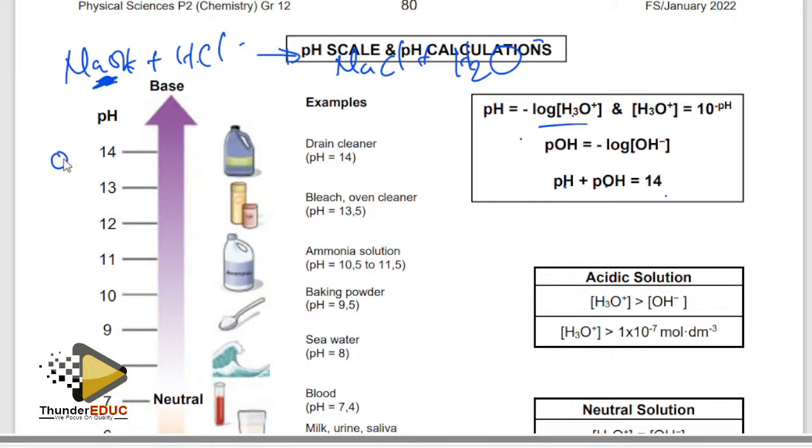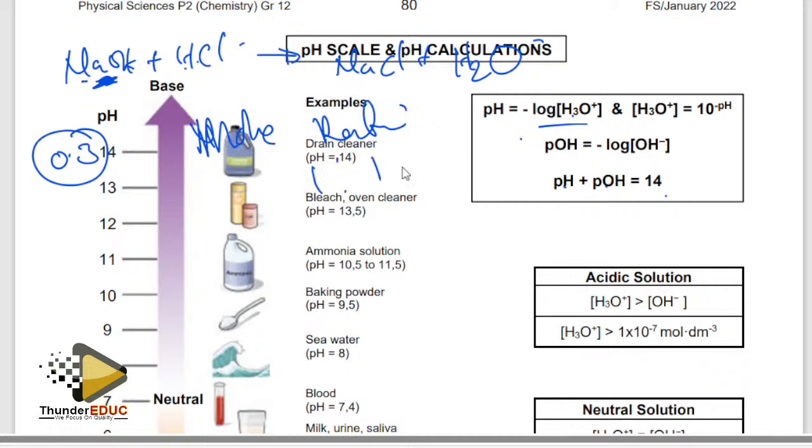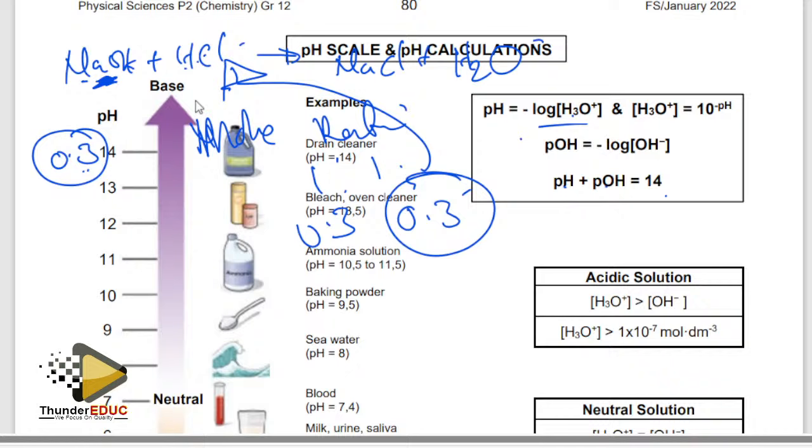If you have the concentration of the base, maybe 0.3, then you have to use the mole ratio, which is 1 to 1. If this is 0.3, then automatically this one is also going to be 0.3. And then you use this to calculate the pH, because now you have the hydrogen ions.